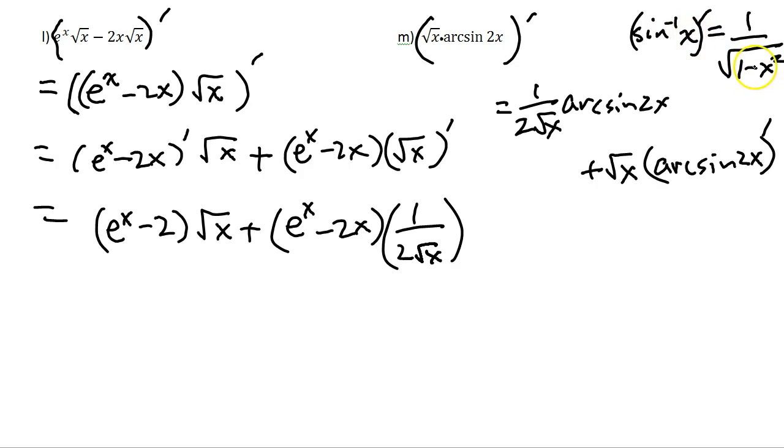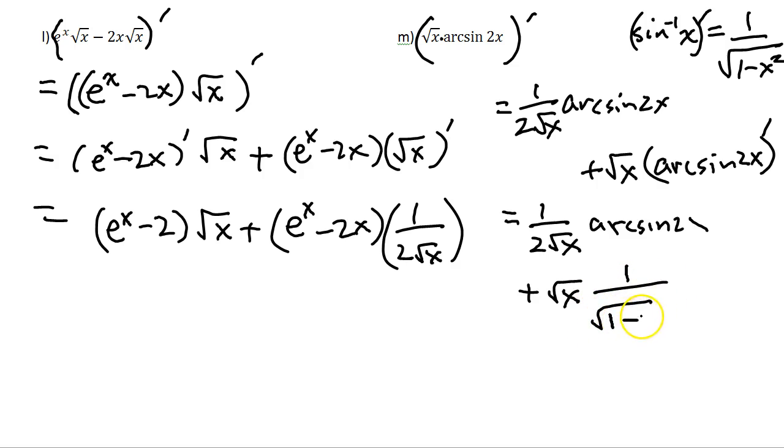So you can apply this rule, but since 2x is the inside function, you have to apply the chain rule. So you have 1 over 2 radical x, arcsine of 2x, and then the derivative of this thing is 1 over square root of 1 minus 2x squared. So instead of x, I'm writing down 2x, and then that 2x is pulled out and differentiated, so you will need an extra 2, because the derivative of 2x is 2, so that's what you're going to get.